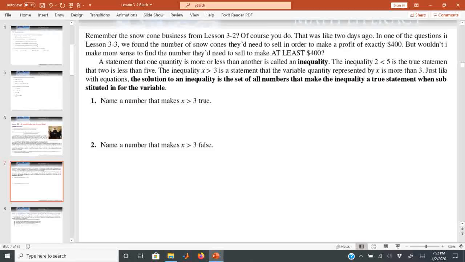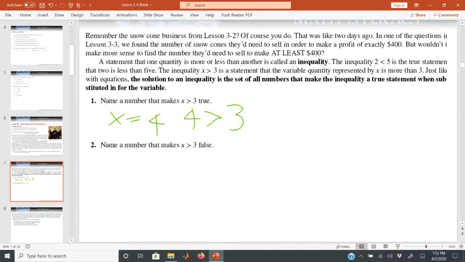Okay, name a number that makes x greater than 3 true. 2 would not work because 2 would not be greater than 3. But I can say x equals 4, in which case 4 would be greater than 3. That's true. And we can go on to question 2.